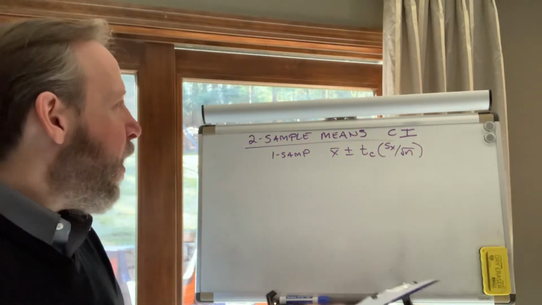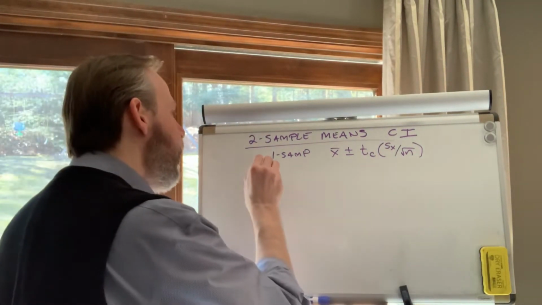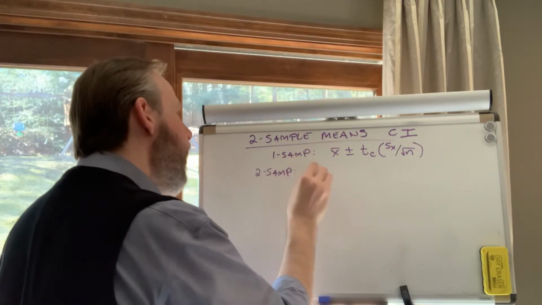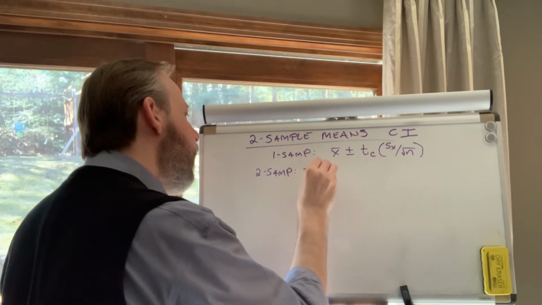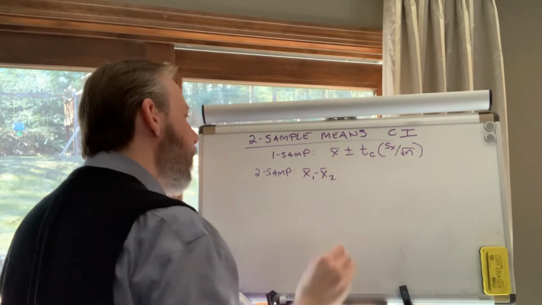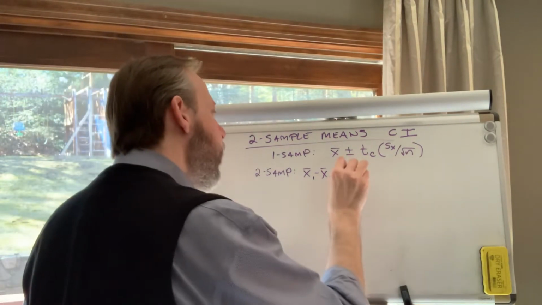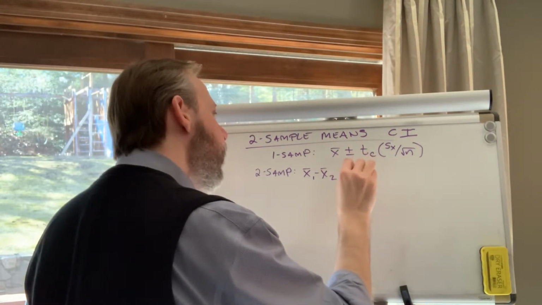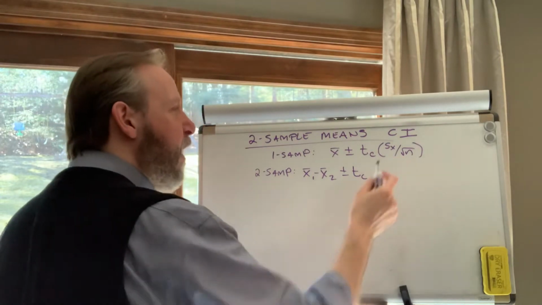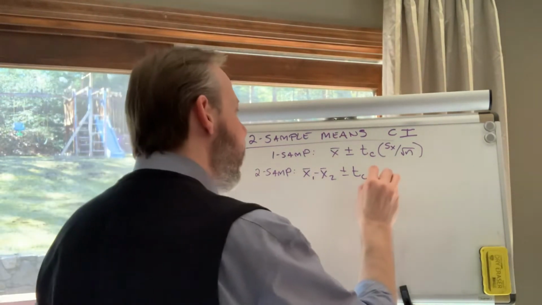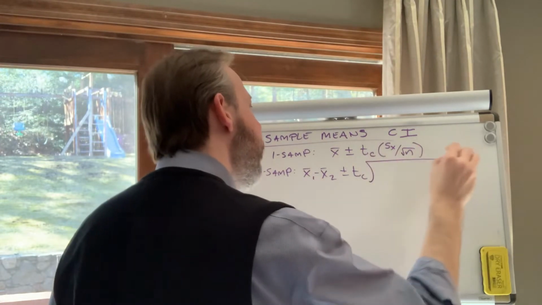So here's the equation that takes that into consideration. Here's the two sample confidence interval. It's the difference between the two samples, x bar sub 1 minus x bar sub 2, plus or minus critical T, as before. But the standard error now has two samples to consider. Here's how we find the standard error for the two samples.